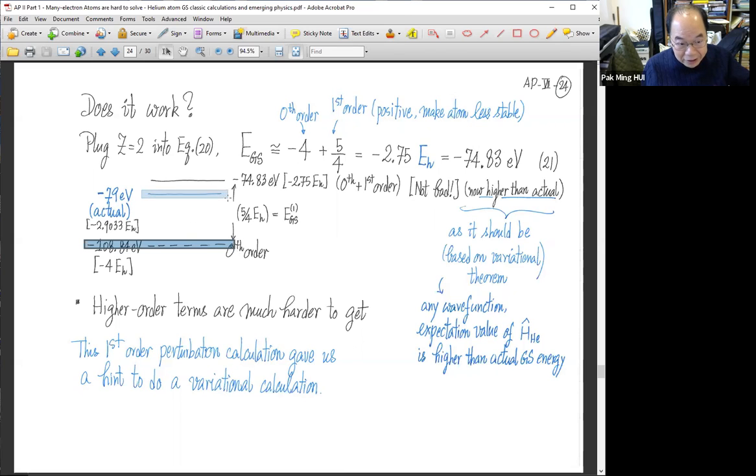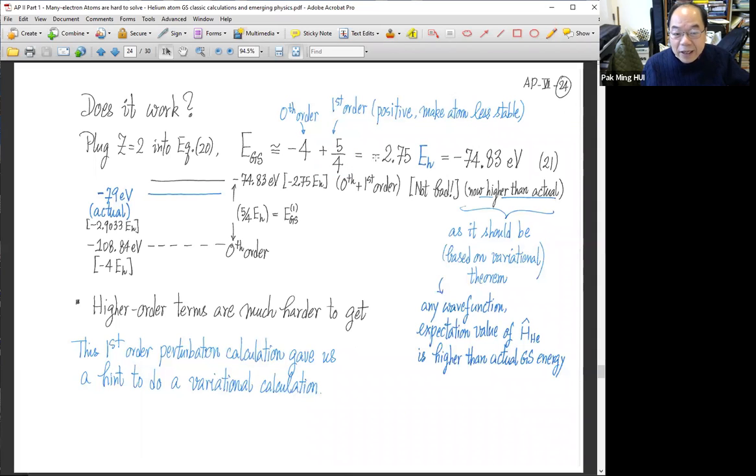This blue thing is the actual, the target that we want to get at. This is minus 79 eV. In Hartree, it is this number, minus 2.9033 Hartree. So after we did the first order perturbation, we have a plus 1.25 Hartree.